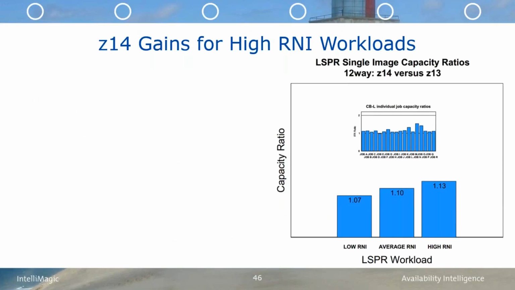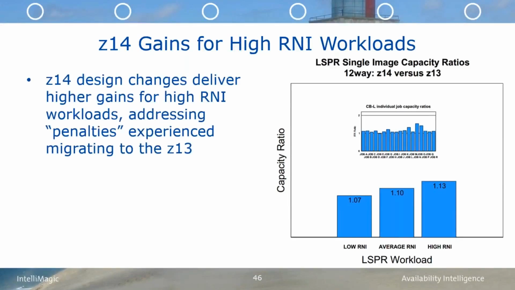Now, the overall workload at that site was borderline high from an RNI perspective. And in Gary King's presentations, he indicates that high RNI workloads can anticipate experiencing a bigger performance gain migrating from Z13 to Z14 than other workloads, since the Z14 includes a number of design changes to reduce processor cache latency, especially designed to help high RNI workloads.